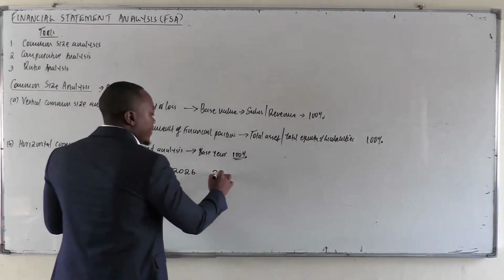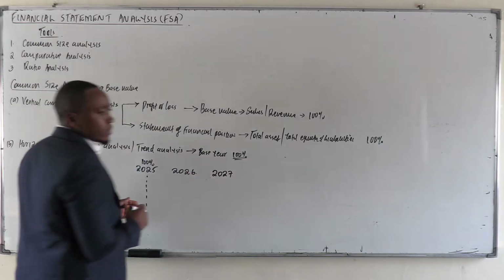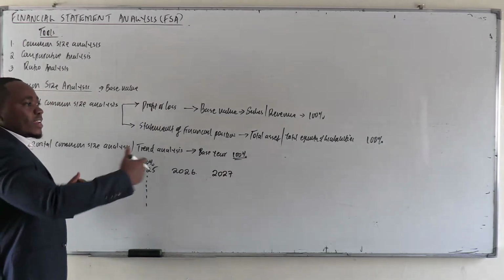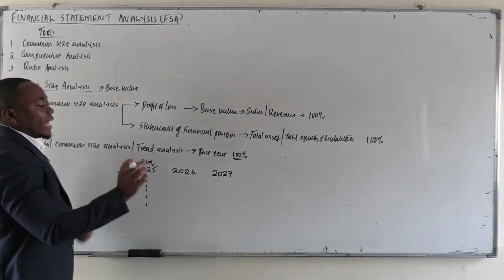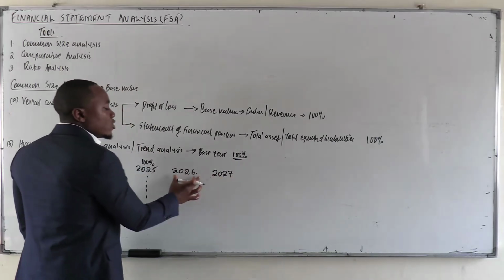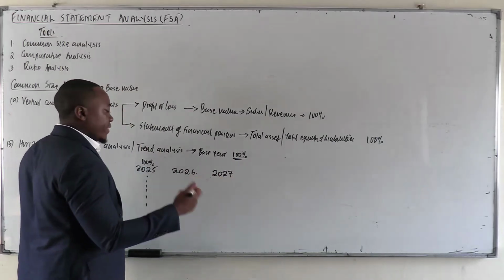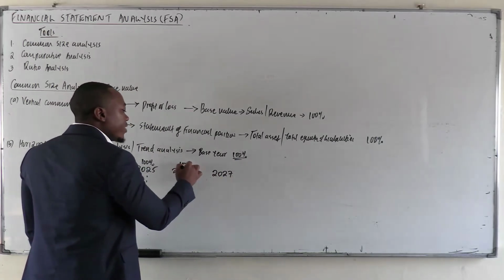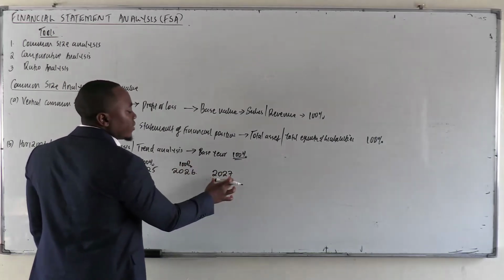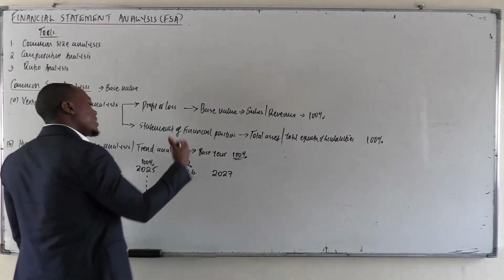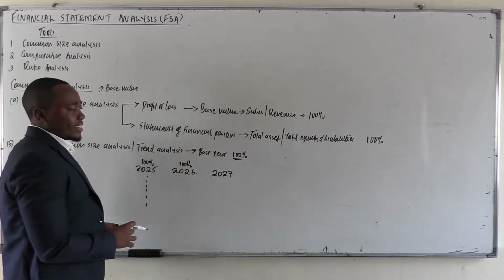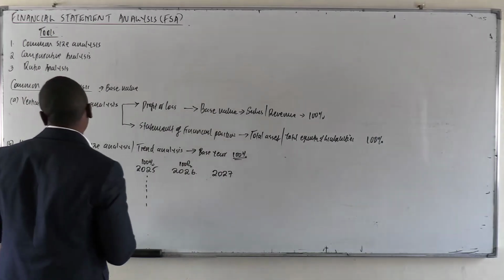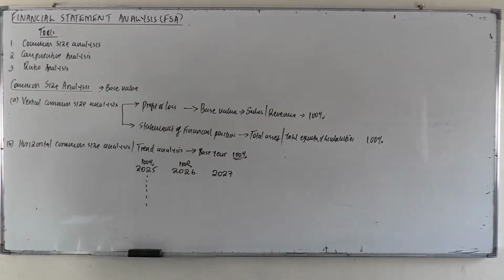We may also have another financial year, 2027, so you can factor in the trend analysis for more than two periods. For 2027, you hold 2026 as the base value at 100%, then express the 2027 items as a percentage of 2026. So that's the difference between the vertical common size and the horizontal common size analysis.